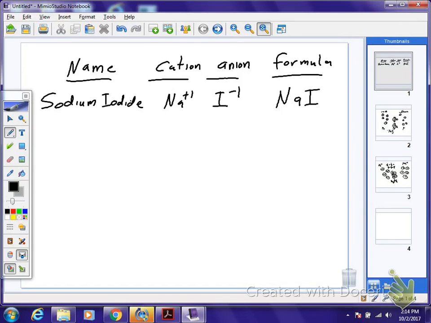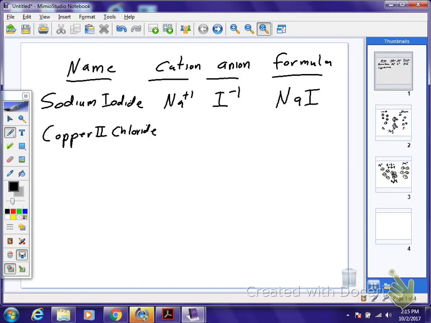Okay? The next one, it gives us copper 2 chloride. Now, I'm going to explain why they have to say copper 2. Copper can be a 1 or a 2, because it can be in the 1 column and it can be in the 2 column based upon losing different number of electrons.